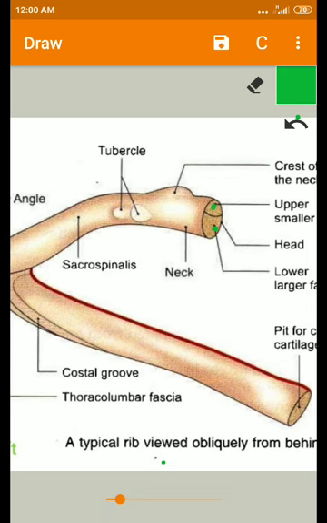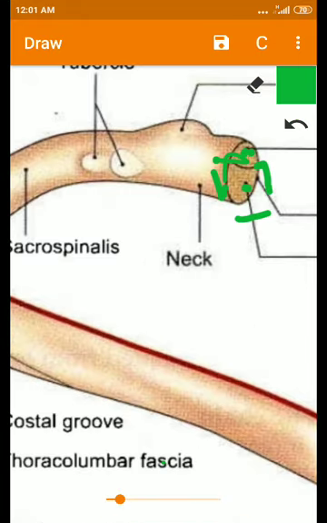The head of the posterior end articulates with the vertebral column. The lower larger facet articulates with the superior costal facet of the numerically corresponding vertebra.